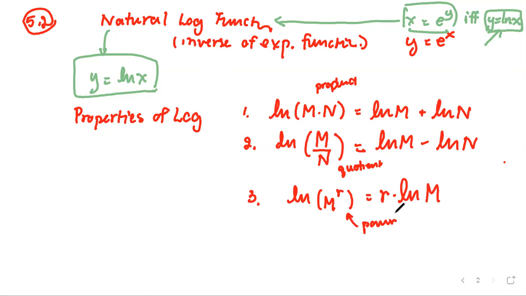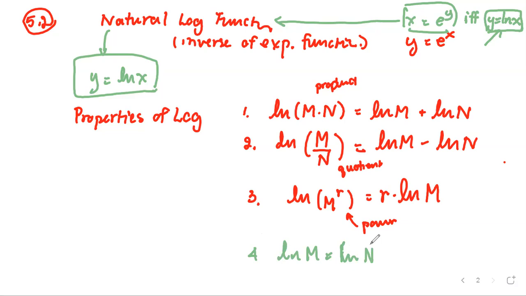So those are the three main properties of the natural logarithm, and the rest are properties that you can use on different occasions. For example, number 4: the log of m equals the log of n.